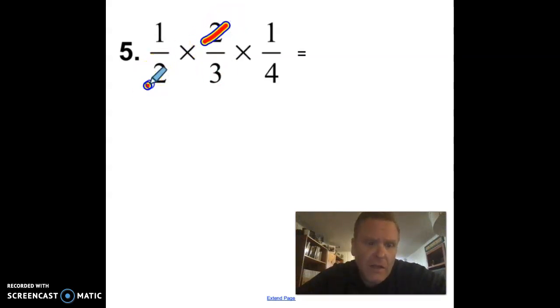If I see that these two have a massive relationship, because 2 goes into 2 and 2 goes into 2, I can factor that 2 out now. And then as I multiply, I have 1 times 1 times 1, and that would be for my numerator. So that would give me 1. And then I would have 1 times 3 times 4. So then I'm left with 1/12.